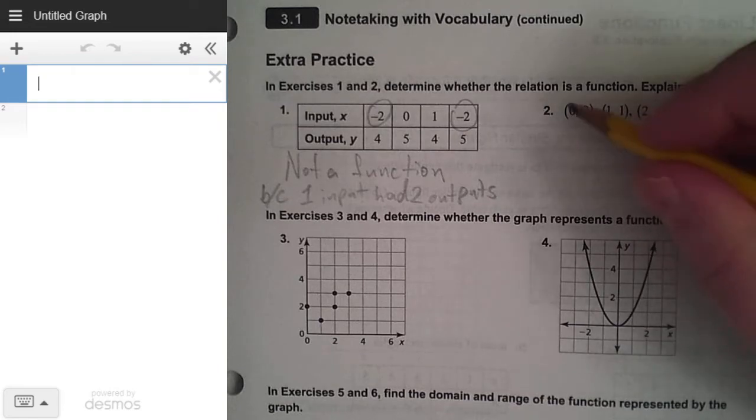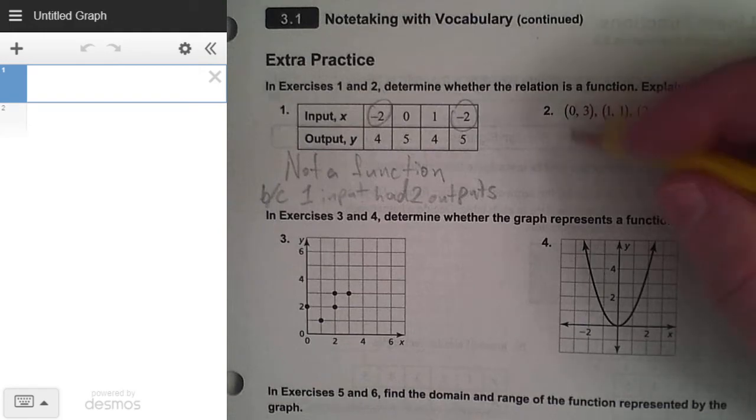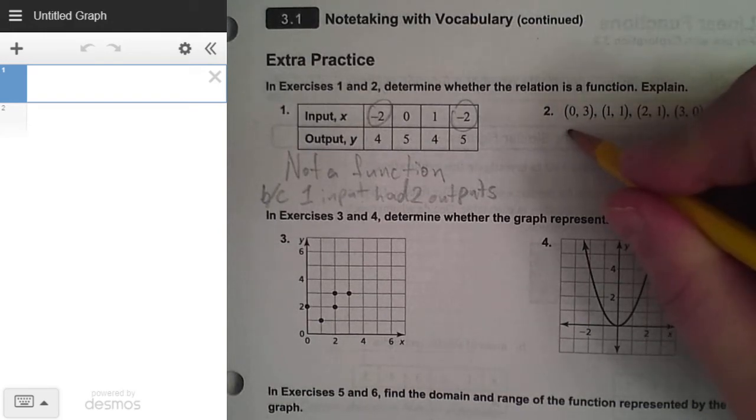It's input then output, input, output. We have an input of 0, output of 3, an input of 1, output of 1, input of 2, output of 1, input of 3, output of 0. We do not have any repeating inputs, so this is a function.